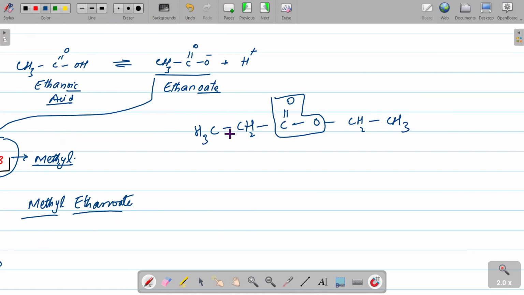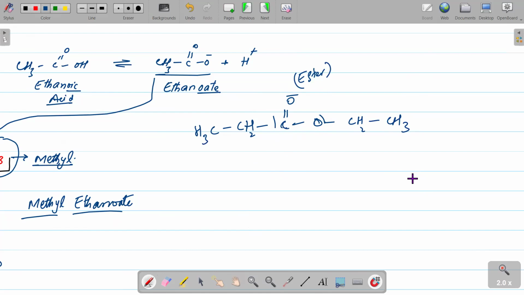There are carbon atoms on both sides of the functional group. So I can simply identify it is an ester. Now I want to name it. For the naming of an ester, I am giving you a hint. You can break it into two parts, right? For its naming, from where do you have to break? Remember, you have to break it between carbon and oxygen.